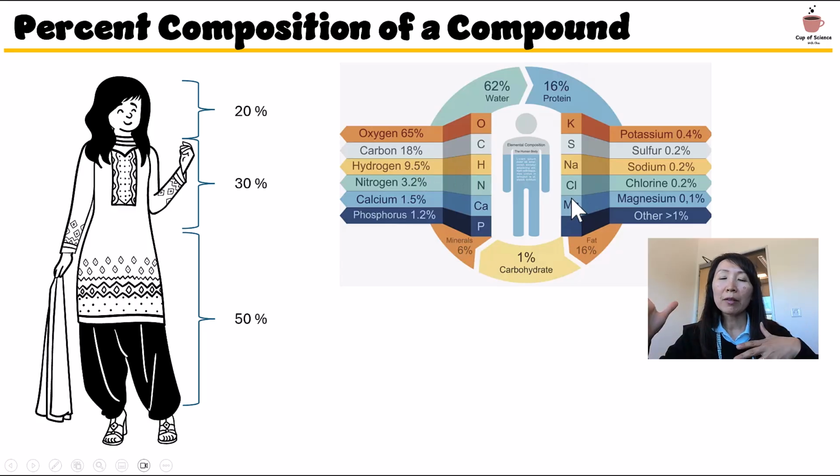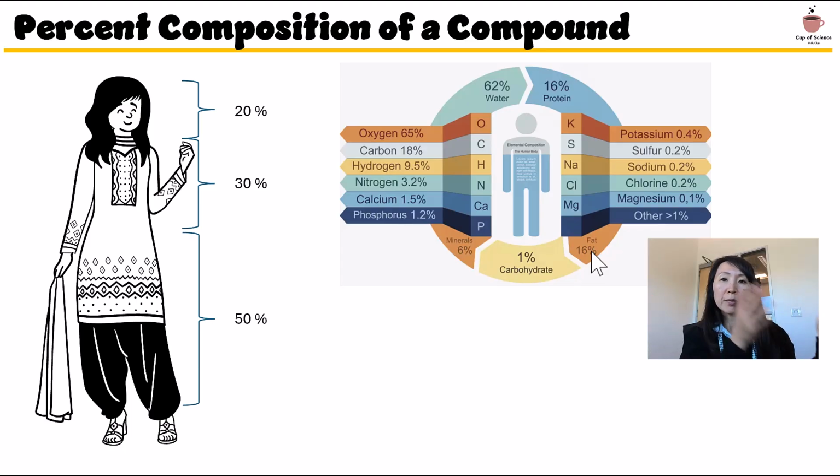Or we could separate it by how much water, protein, mineral, carbohydrate, and fat is included in the body: 62% water, 16% protein, 1% carbohydrates, 6% mineral, and 16% fat. So we can look at something and divide it up in different compositions based on what we're looking for.